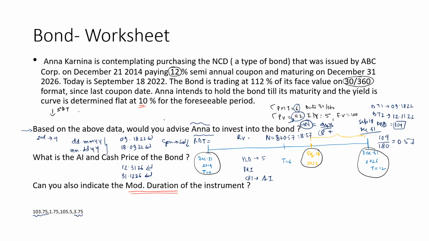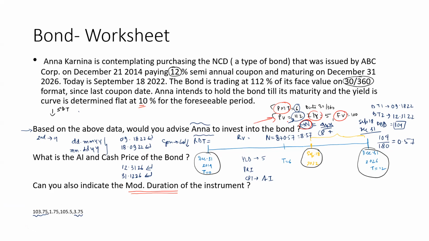So in order to ascertain whether we should invest in the bond, what the bond price has to be, we have to find out the fair value of the bond. So in case of TVM, we have to input these details, and from there, we have to find out the PV.